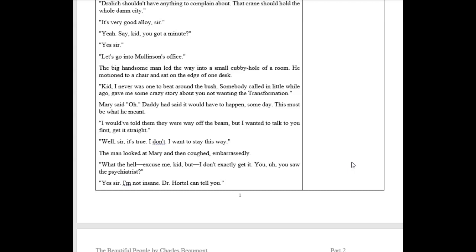"Kid, I never was one to beat around the bush. Somebody called in a little while ago, gave me some crazy story about you not wanting the transformation." Mary said, "Oh, Daddy had said it would have to happen someday." This must be what he meant. "I would have told them they were way off the beam, but I wanted to talk to you first to get it straight."